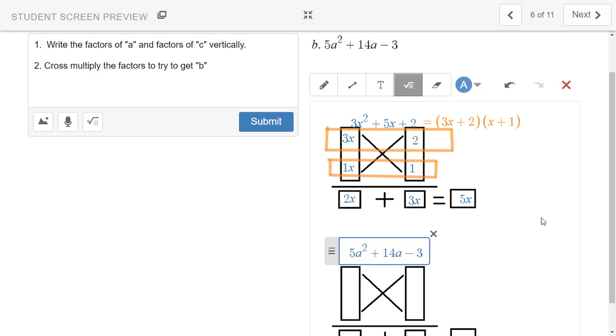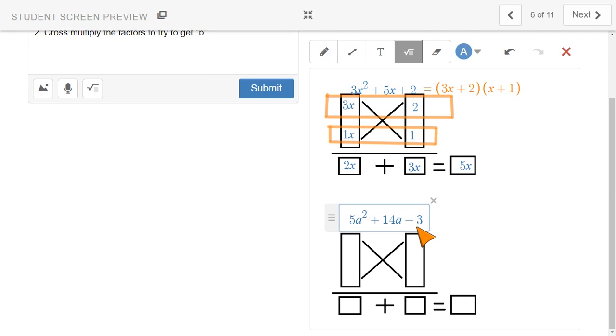I have 5a squared minus 14a minus 3. Factors of 5a squared, 5a and a. Ultimately, I need to make it equal to 14a. So what combination of factors for negative 3 can I put here that will help me cross multiply and add to negative 14 or positive 14a?